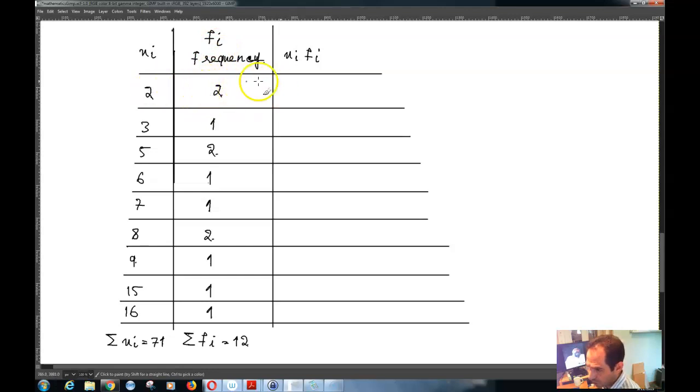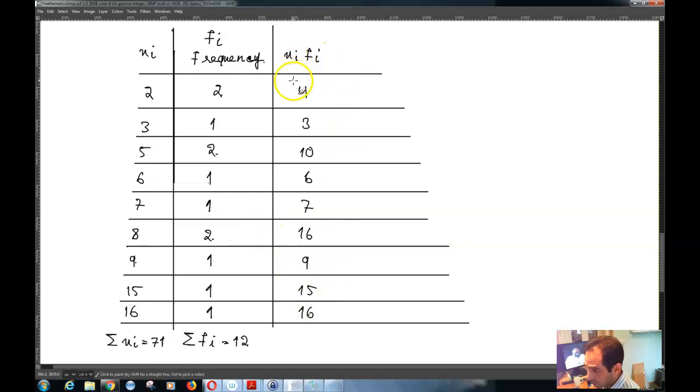That means that 2 times 2 is equal to 4, 3 times 1 is equal to 3, 5 times 2 is equal to 10, and 6 times 1 is equal to 6, 7 times 1 is equal to 7. That is 16, that is 9, that is 15, and that is 16. So that is basically x of i times f of i.